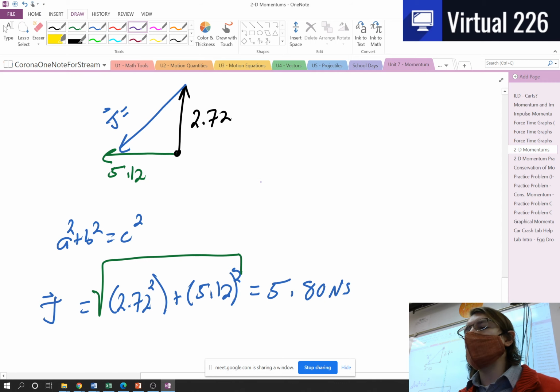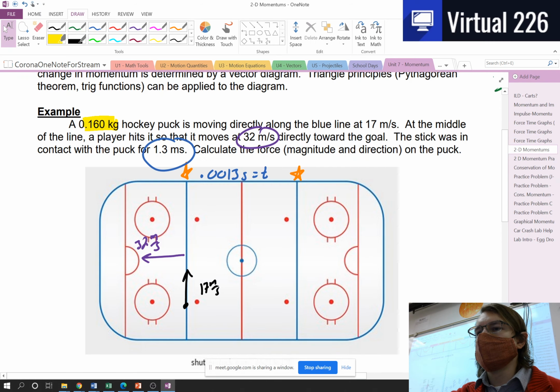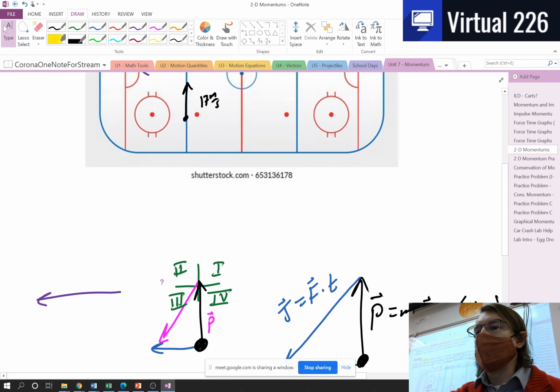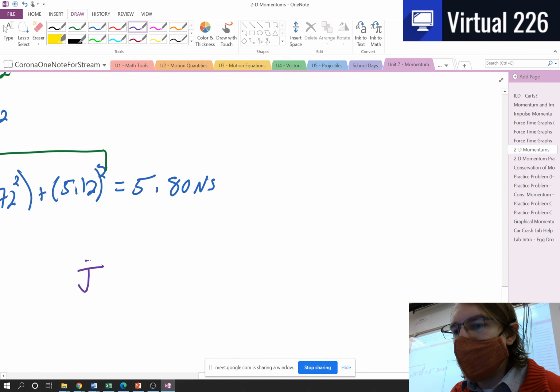Well, if we know that j equals 5.80 newton seconds, and we know the amount of time that we've been in contact with the puck, which is just 0.0013 seconds, we can say that j equals F times t.